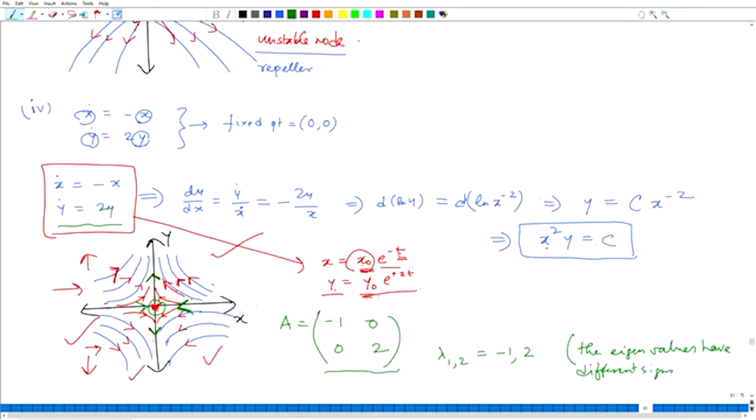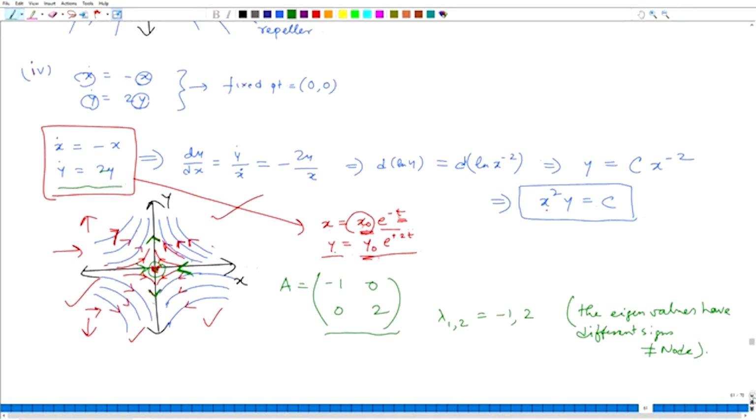So this is not a node. But also you cannot decide whether this is an attractor or a repeller, because with respect to the x axis this is an attractor, and with respect to y this is a repeller, and such a mixed case is known as a saddle point. So here the fixed point is known as a saddle point.